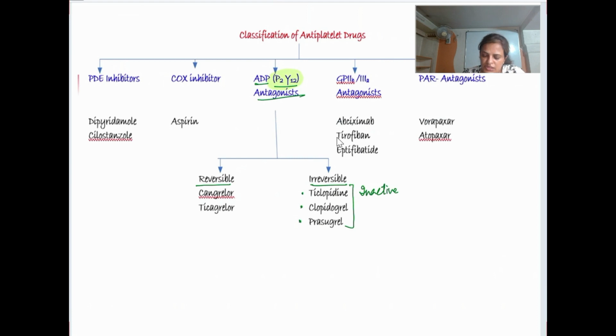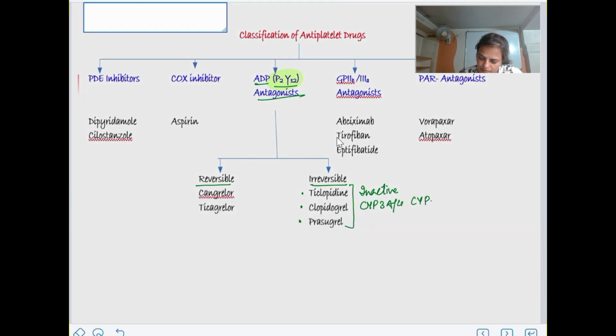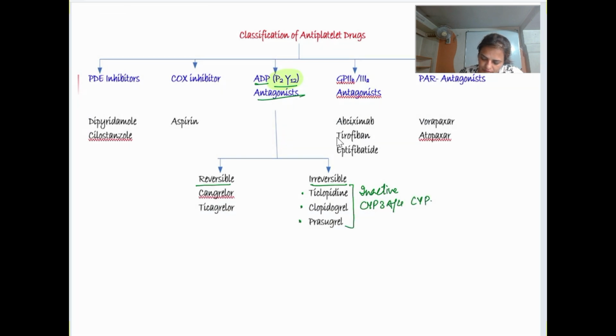So activation requires the enzymes cytochrome P3A4 and cytochrome P2C19. Especially clopidogrel requires this enzyme for its activation.